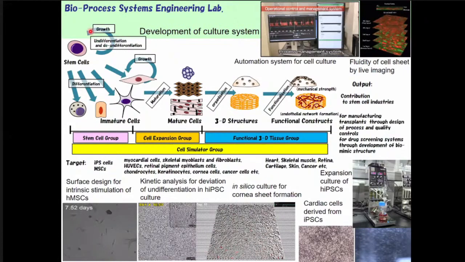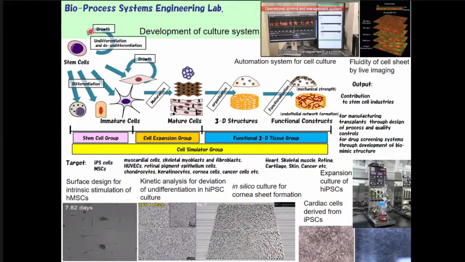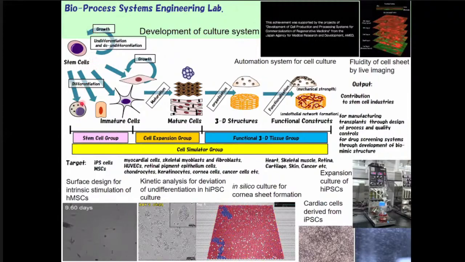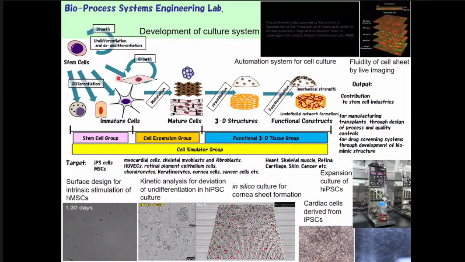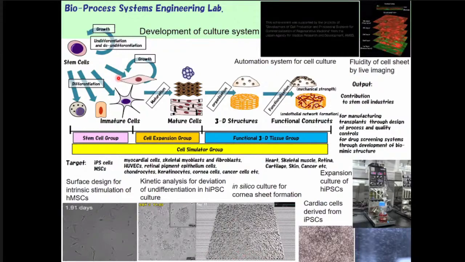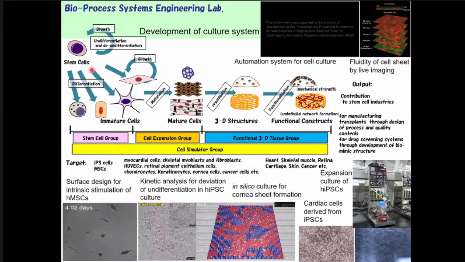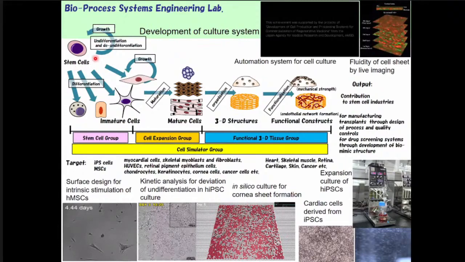And sometimes in the case of iPS cells, we want to prepare several types of cells. For example, if we want to get muscle, we don't want to get bone. That means we want to regulate the direction of differentiation.